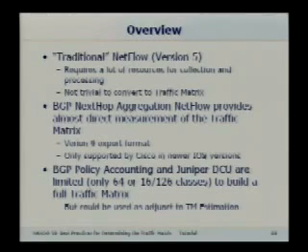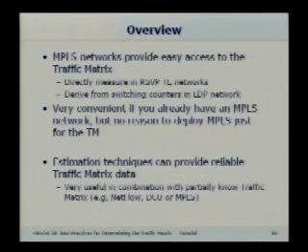If you really need to start the deployment just for that purpose, I think the BGP Next Hop aggregation is the one to have a look at, because it basically directly gives you the information you need with the least amount of overhead. BGP policy accounting and DCU are very simple to use and very effective, especially with the later Junos releases where you have 126 classes for DCU. I think you can cover most of your traffic using that method.